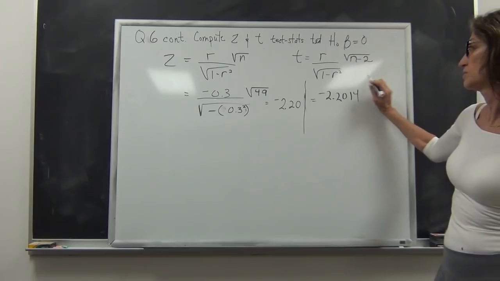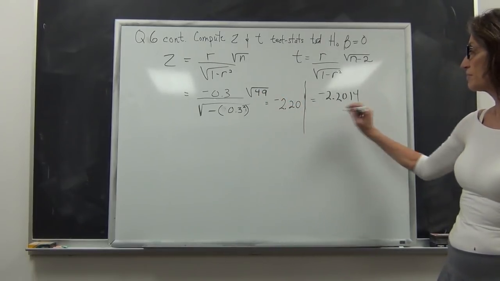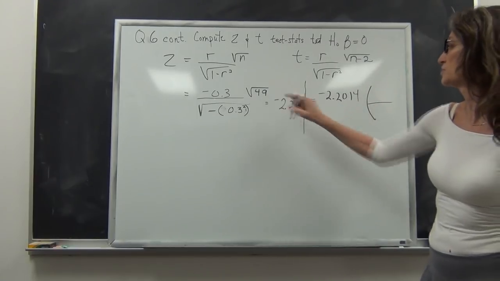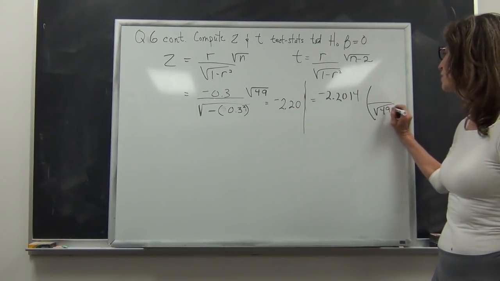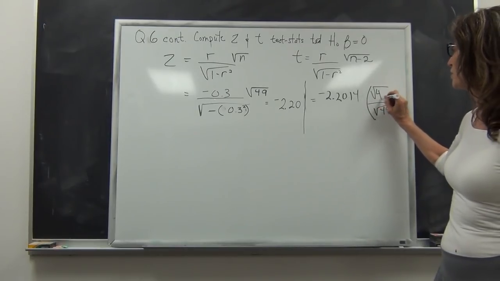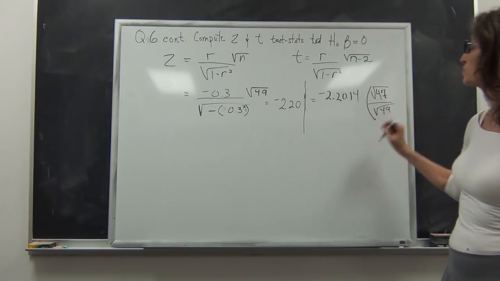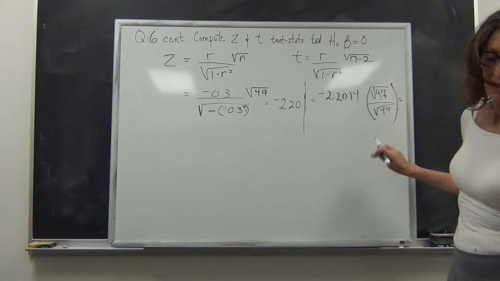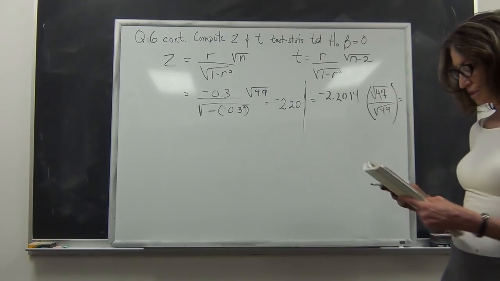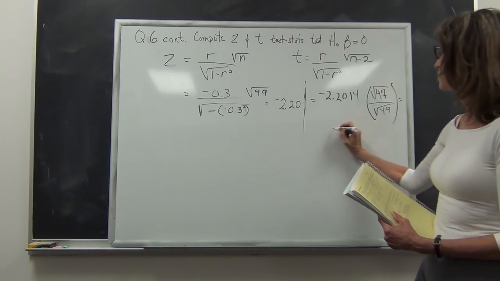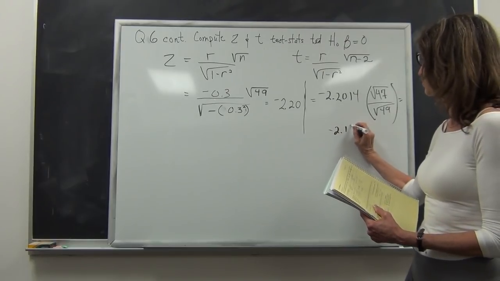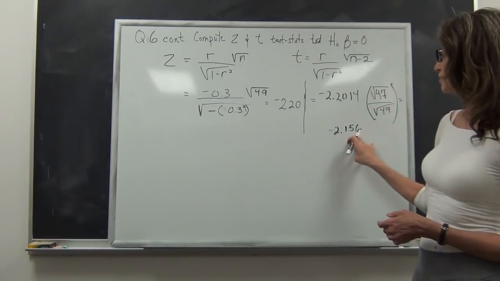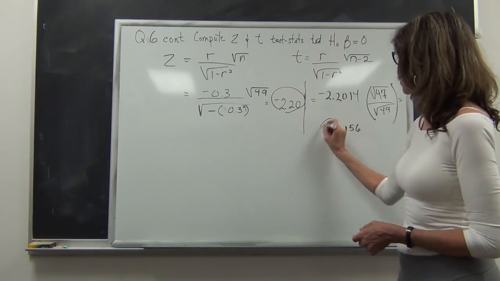If we wanted, we could just put a 47 in there, but we can divide it by the square root of 49, so that would cancel out, and then multiply it by the square root of 49 minus 2. So it's smaller, smaller in absolute value. And when I did this, I got negative 2.156. All right, so that's our Z and that's our T.